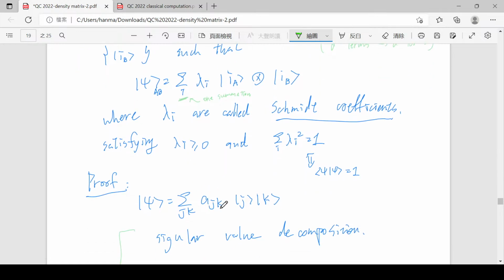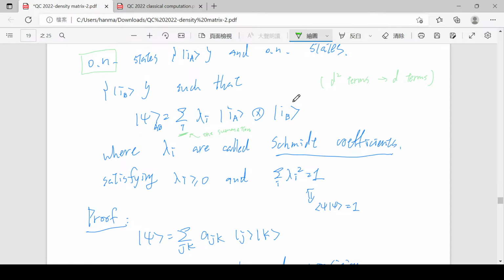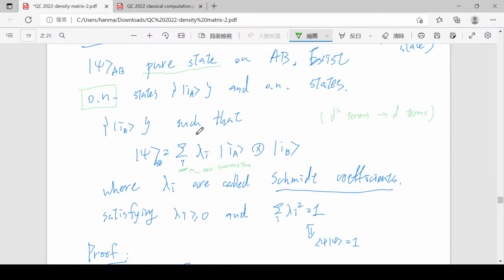There is still d squared information here, but those lambda i are the only part that matters for thinking about entanglement between system A and system B, because this looks like a linear superposition of pure states, right? Because for every i, |i_A> tensor |i_B> is a pure state.